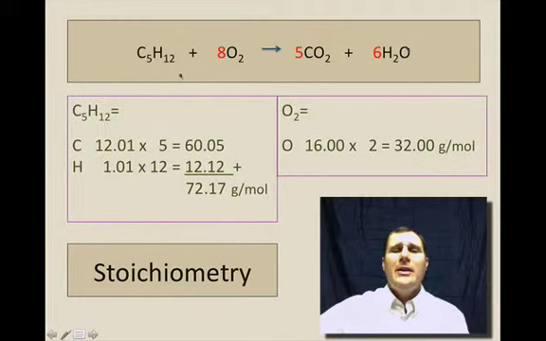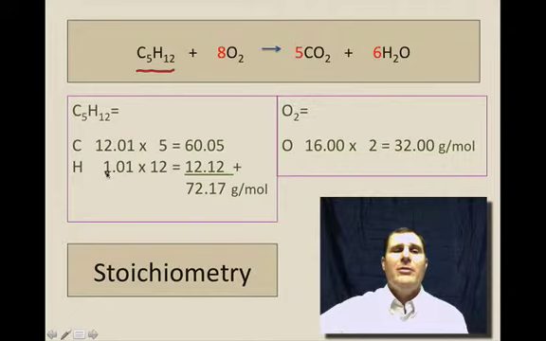So, if I need to calculate the molar mass of pentane, I've got 5 atoms of carbon in there and 12 atoms of hydrogen. So here we go. Carbon, each single atom of it weighs 12.01 times 5, because I have 5 of them, and that gives me 60.05.